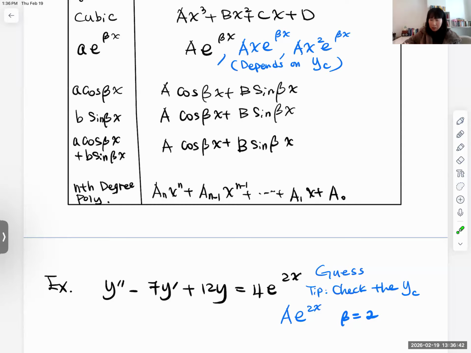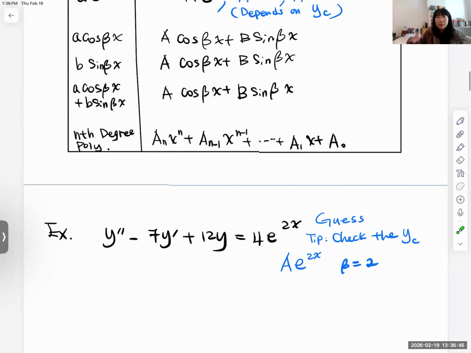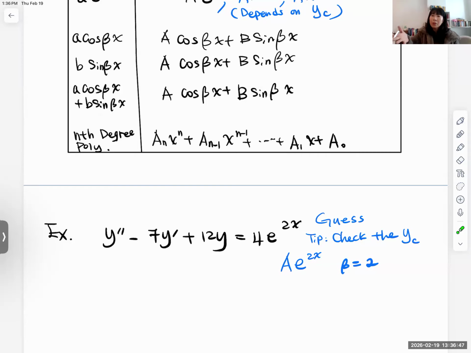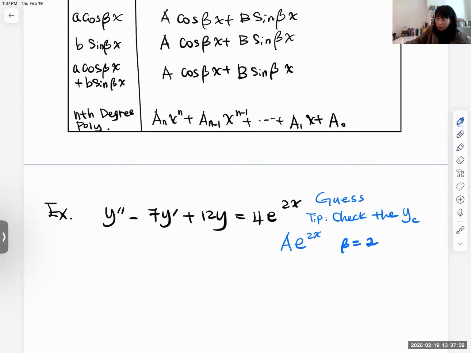Now let's find the complementary solution. We change to r squared minus 7r plus 12 equal to 0, because the complementary equation is associated with the homogeneous equation, to find such r. Let's do that for the complementary y sub c.